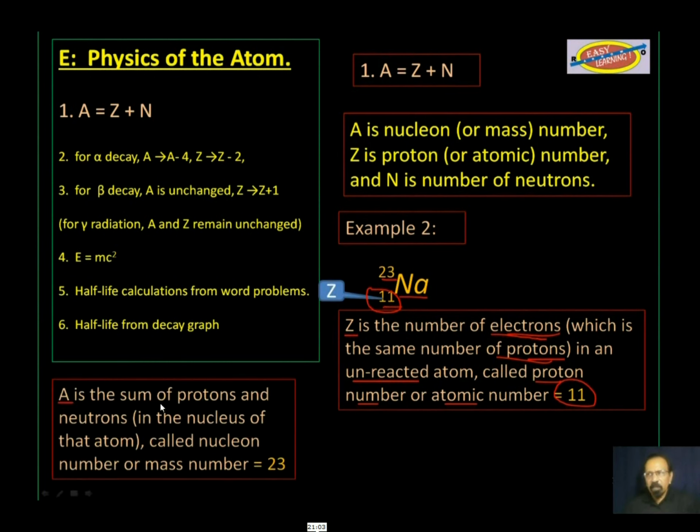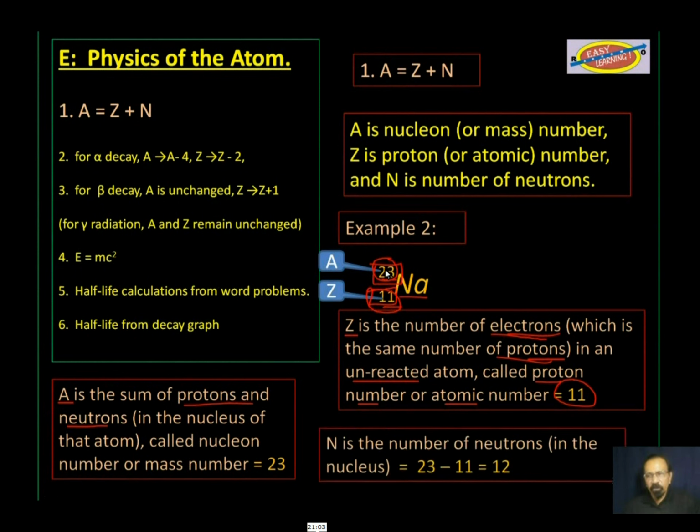A is the sum of protons and neutrons in the nucleus, 23. So if you have 23 protons and neutrons, and you have 11 protons all in the nucleus, then obviously if you subtract 11 from 23, you will get the number of neutrons.